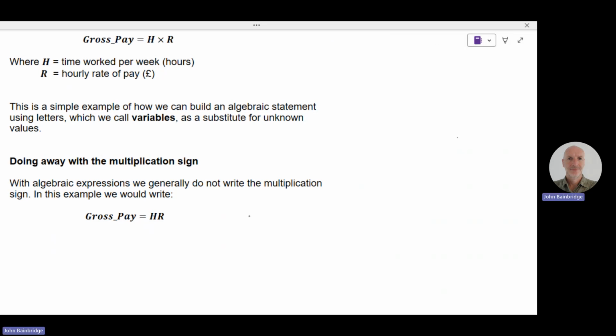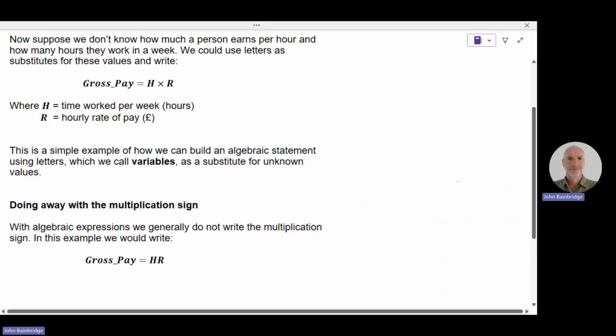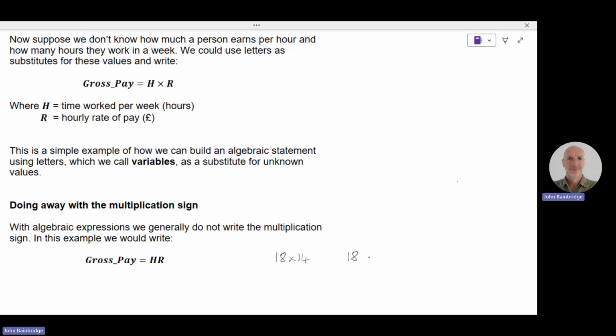We don't do that with numbers. If I did that with the two numbers that we put here, 18 times 14, and I just wrote 1814 like that, then obviously that reads as 1814, not 18 times 14.